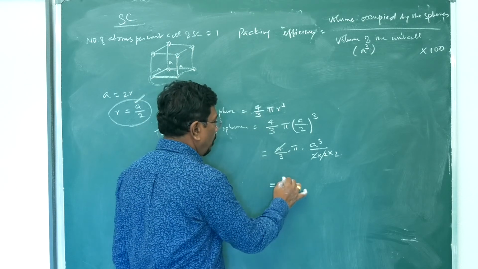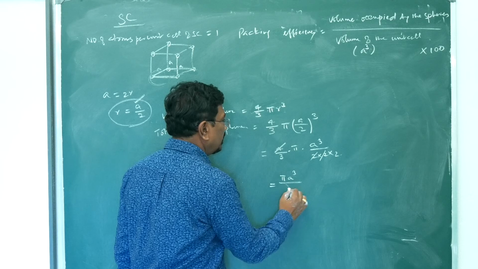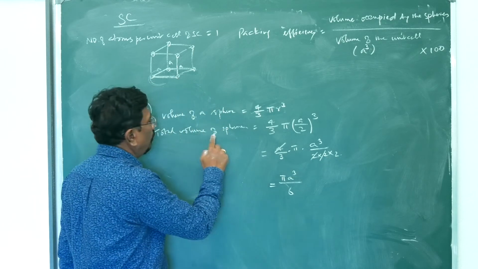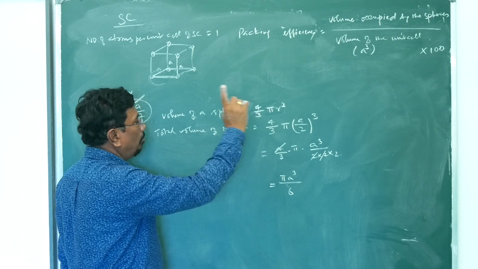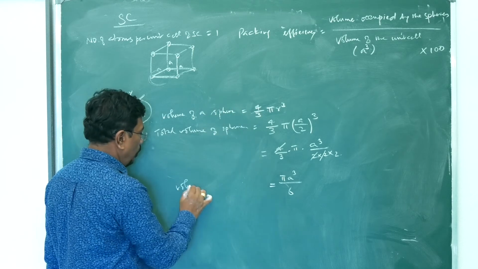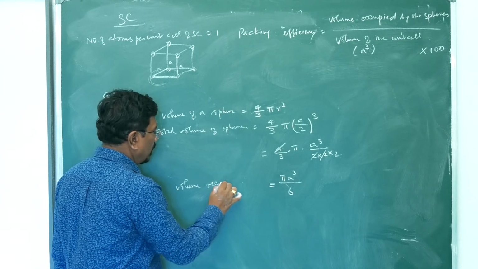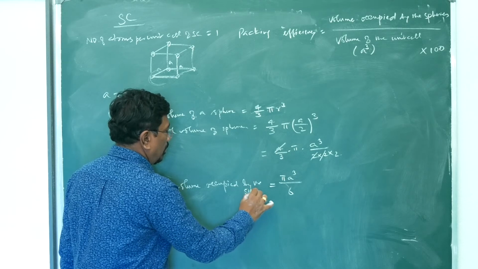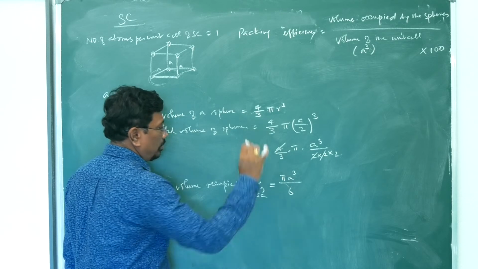Therefore, pi a cube by 6. 3 into 2, 6. That is the total volume of all the spheres, the volume occupied by the spheres of simple cube is equal to this much.